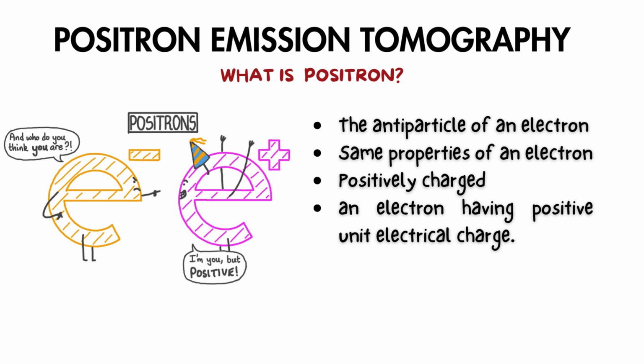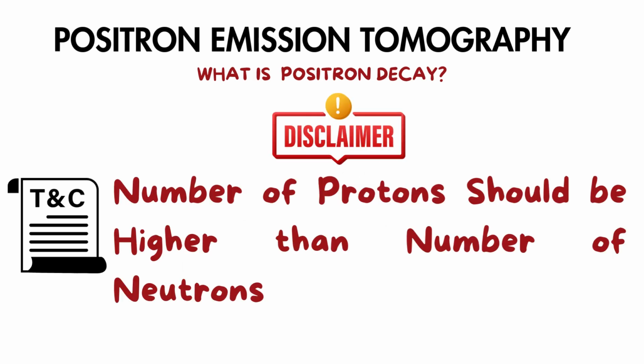Now we're going to see what positron decay is. As we know, radioactive decay is the decaying of radioactivity stage by stage. We have different kinds of radioactive decay: alpha decay, beta decay, and gamma emissions. Likewise, positron decay is also a radioactive decay.